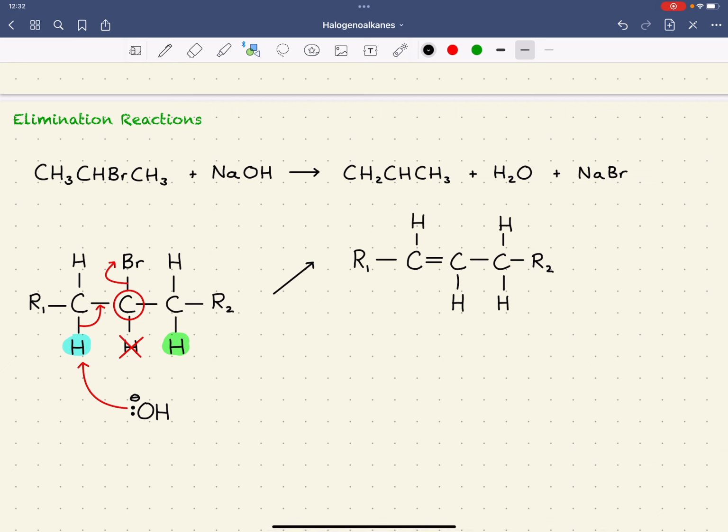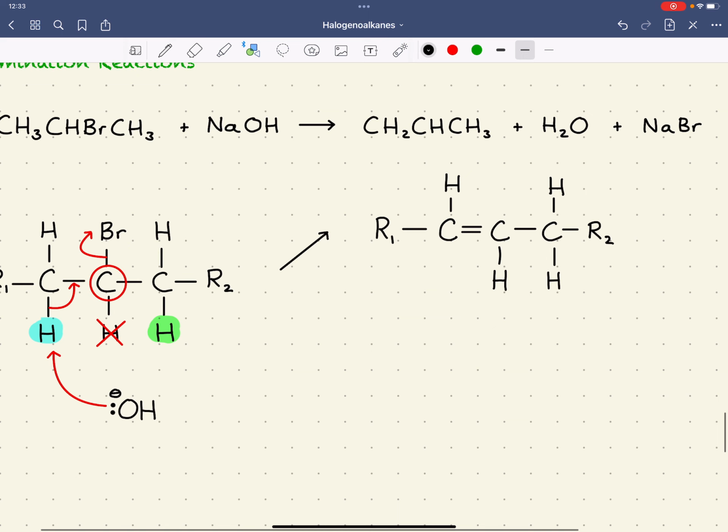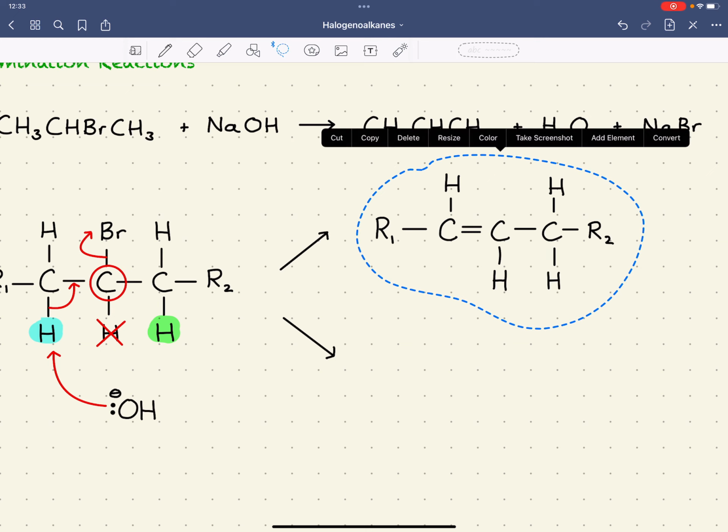However, this hydroxide ion could remove the hydrogen in green, and following a very similar mechanism, you will get the following structure. See if you can pause the video and come up with the structure. So what you'll get is the following.